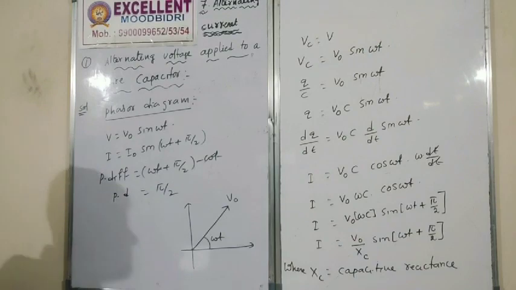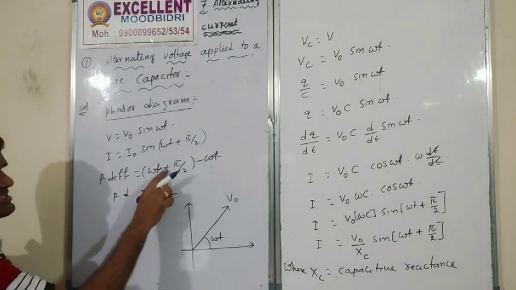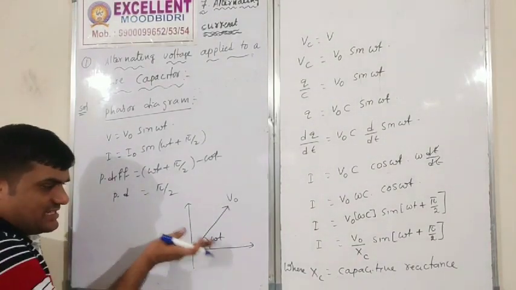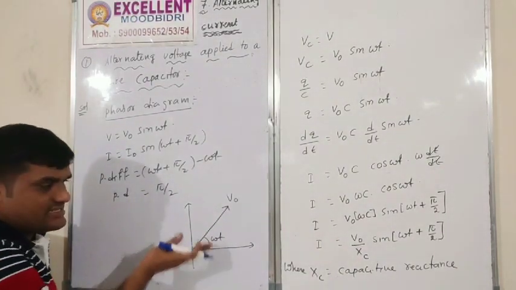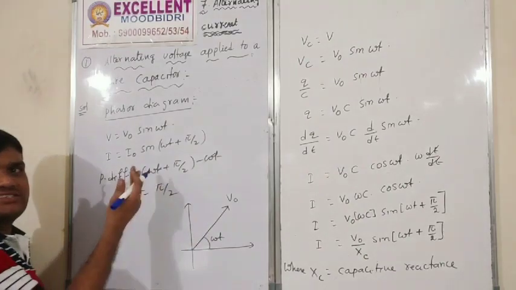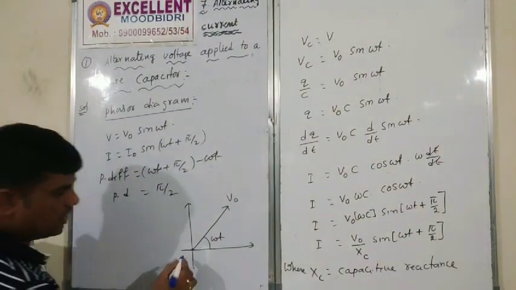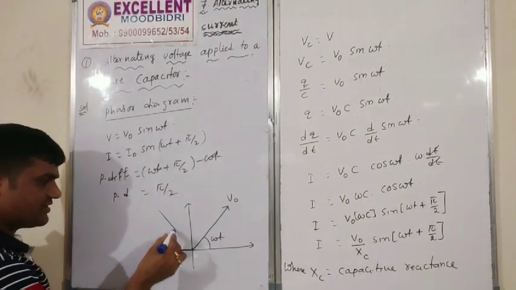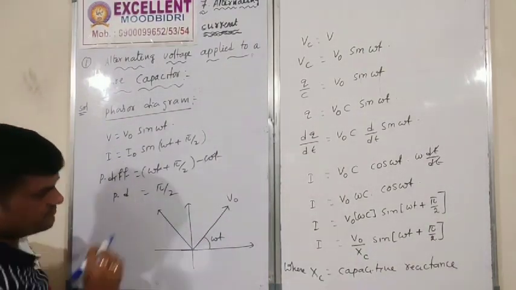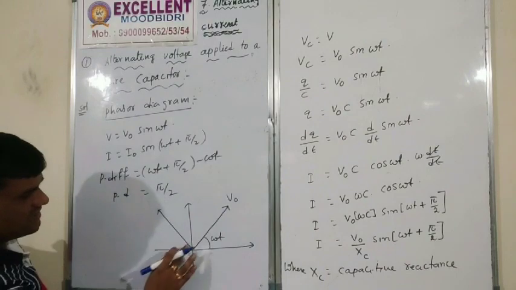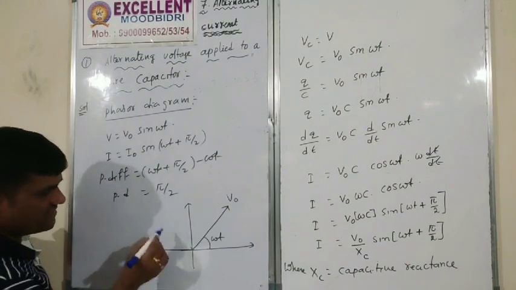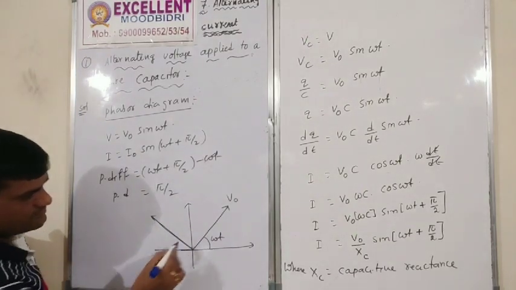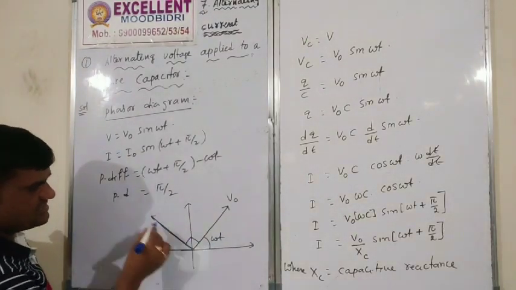Pi by 2 is a positive value, and positive means leading. Downward is lagging, upward is leading. So how much leading? 90 degrees, we can draw. Are you clear? This is the 90 degrees, and this is the I naught.